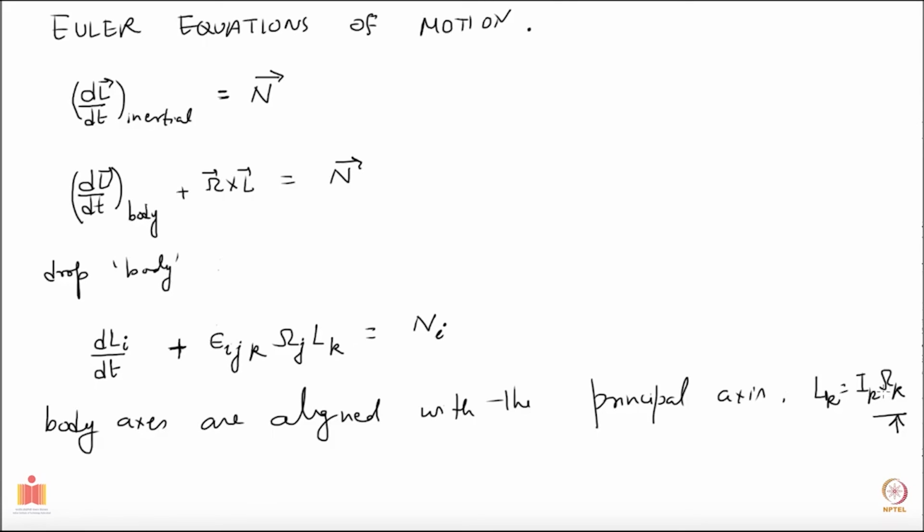So if I substitute this, let me write here. So Lk I substitute here, so I get Ii d omega i over dt, plus epsilon ijk omega j, Lk would be Ik omega k, and this will be equal to Ni.